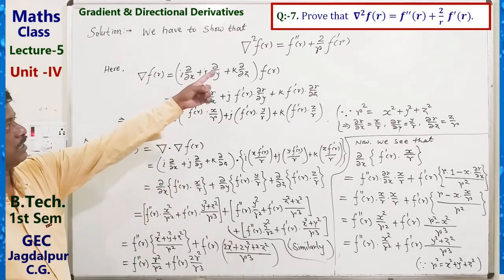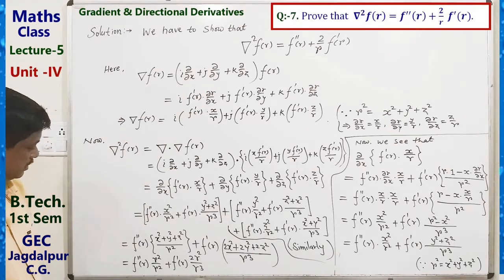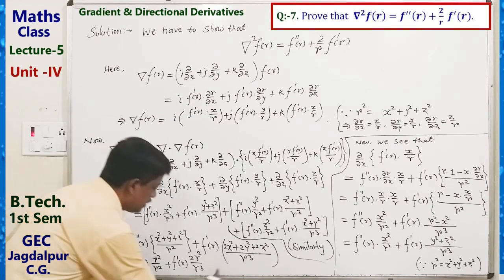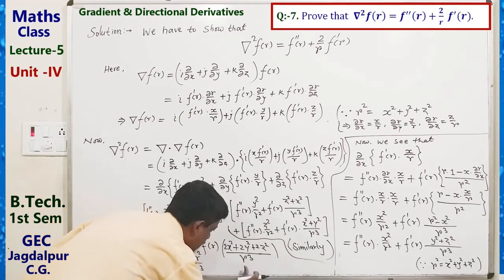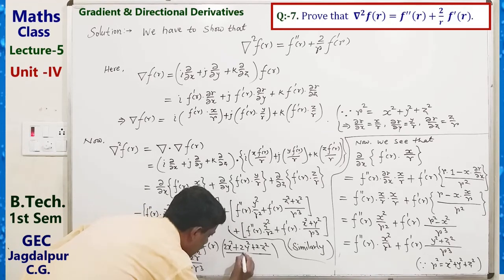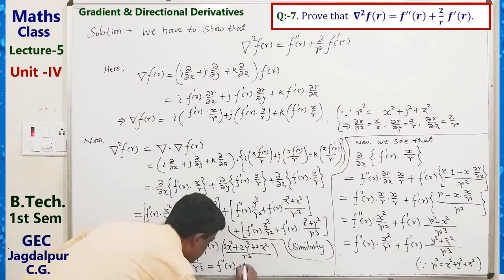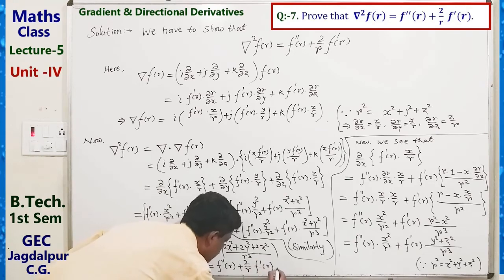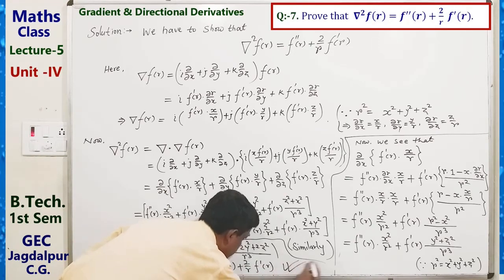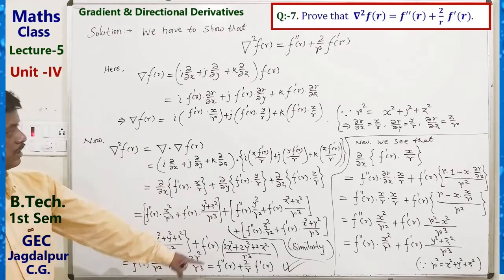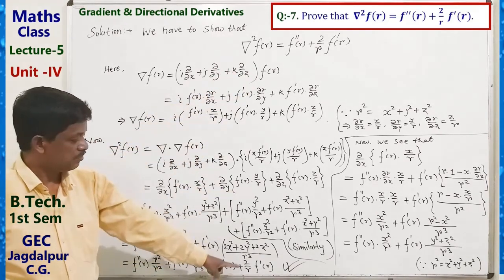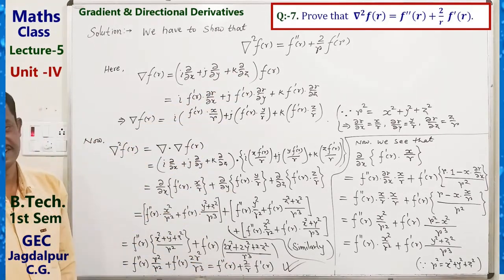So finally we get f double dash r plus 2 by r f dash r. This is the result: f double dash r plus 2 by r f dash r.